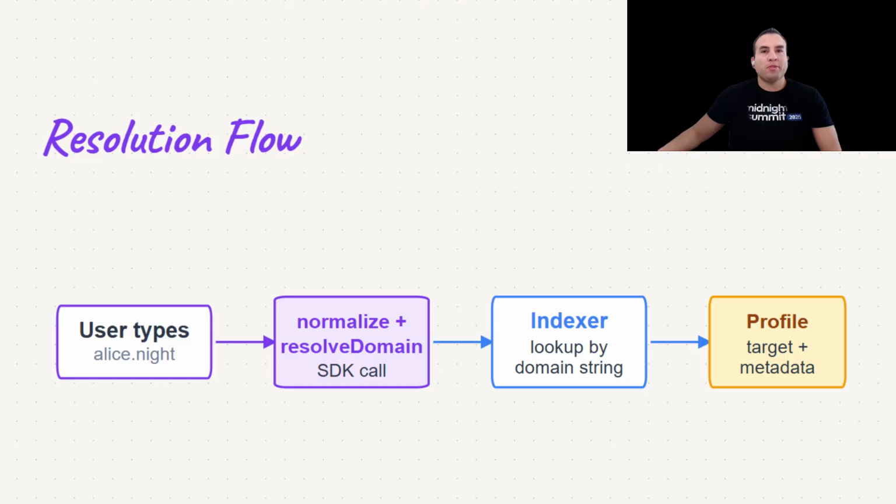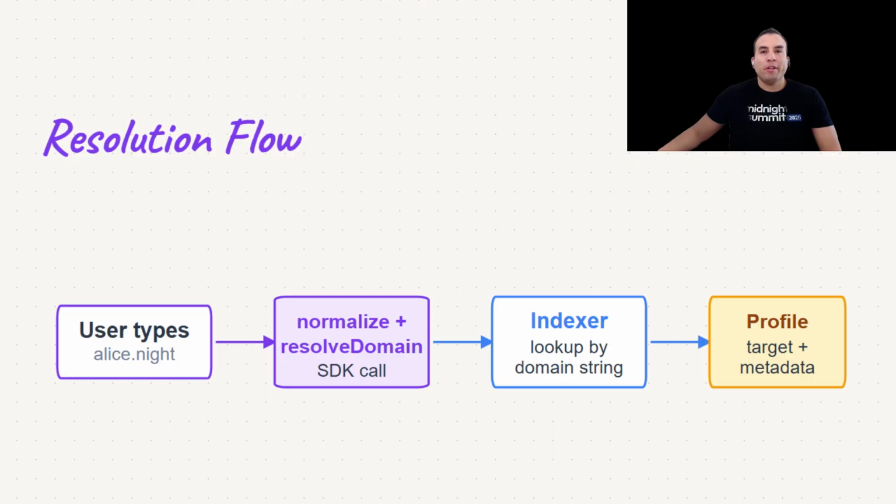Here's a 4-step flow for what happens when a user types a domain into your app. Step 1. The user types something like alice.night. Step 2. The SDK normalizes the domain to lowercase and appends .night if it's missing. Step 3. That's an HTTP call to the indexer, which looks for the domain.